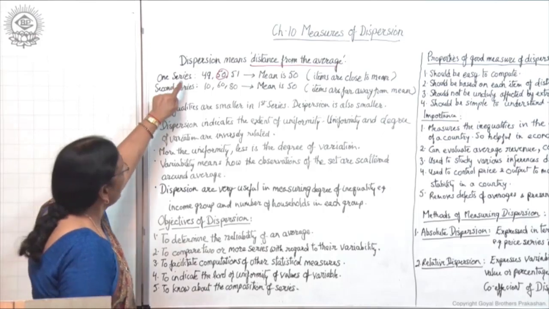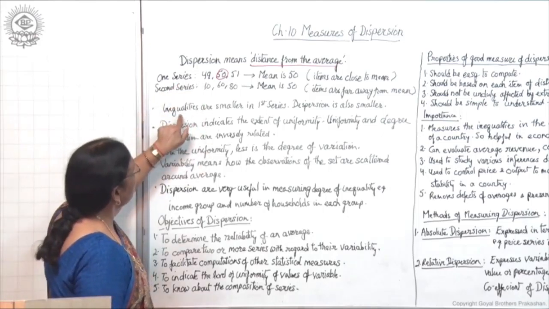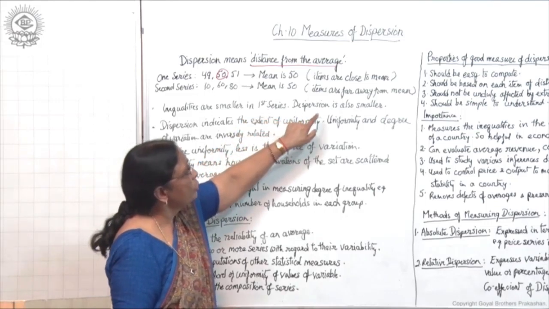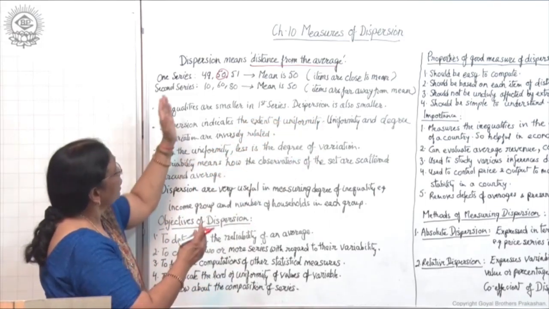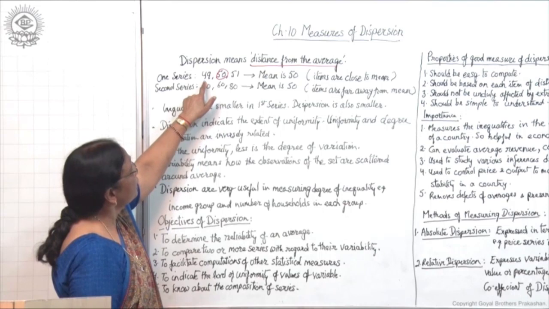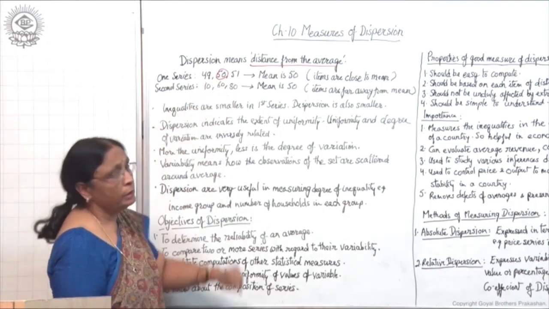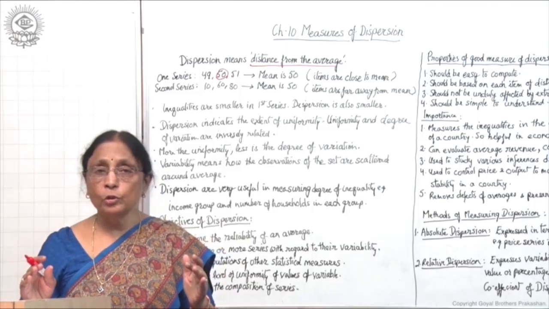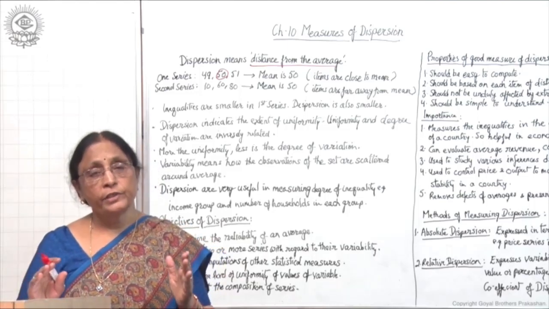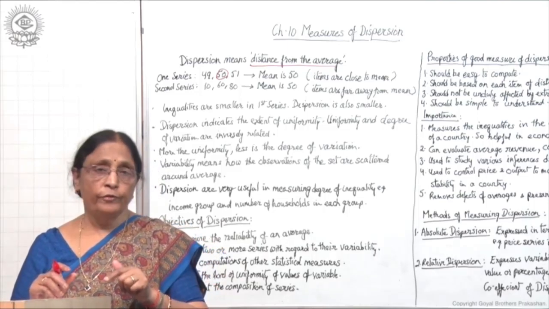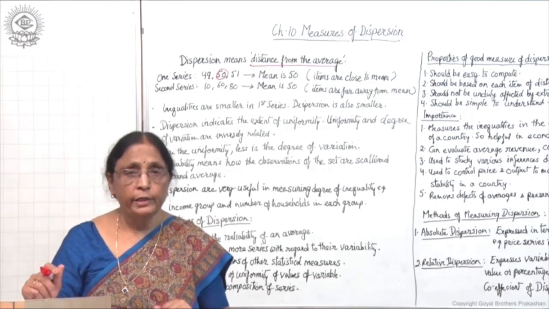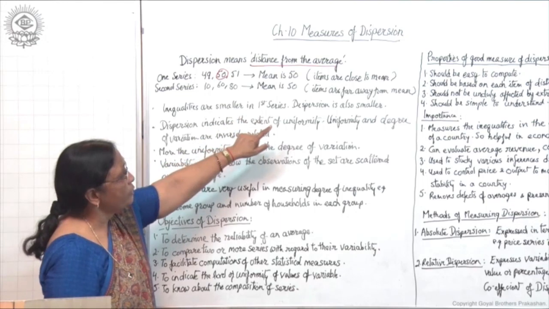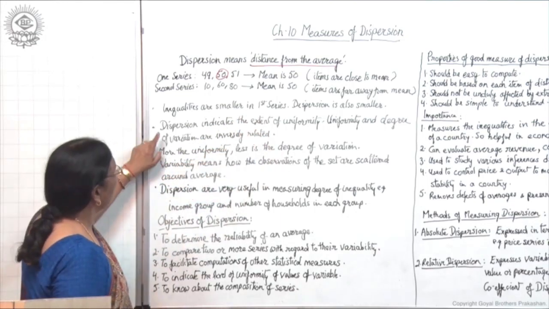Now in this case, when we have taken this example, you can see inequalities are smaller in the first series. Dispersion is also smaller, because inequalities are smaller in the sense that they are very close to each other, and dispersion or scatteredness is also smaller, because that is ranging from 49 to 51 only, right. So in this case inequalities are smaller in the first series and dispersion is also smaller.